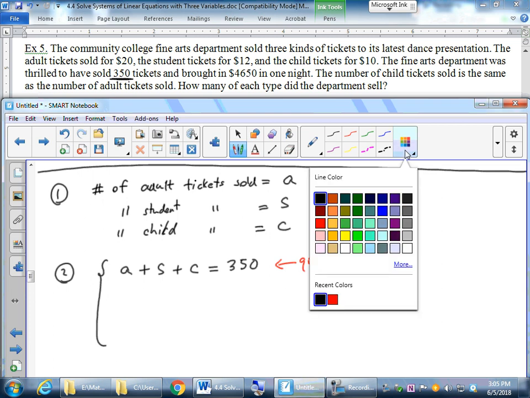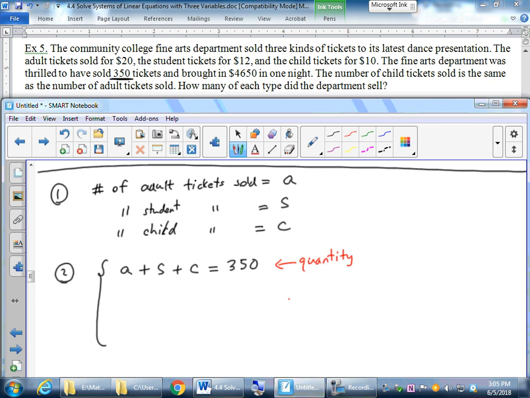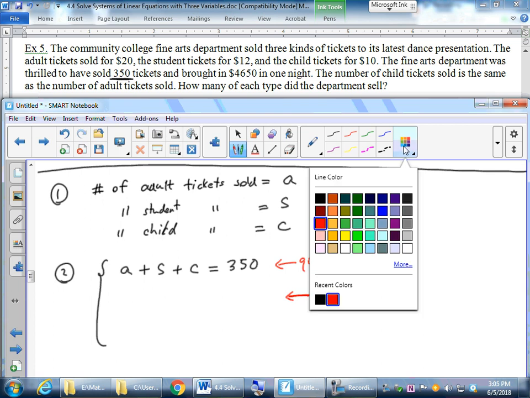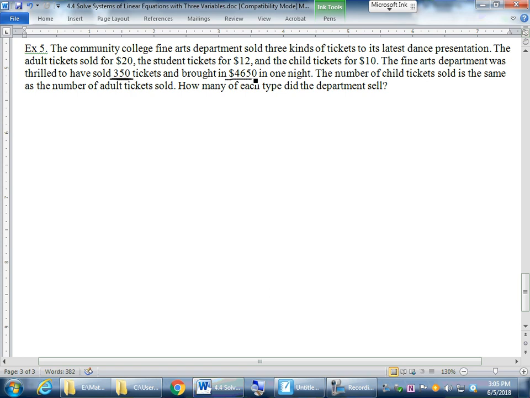The second equation that we can set up is on the dollar amount, because it involves dollar amount, right? So the dollar amount, where do we set it up? The total amount sold is 4,650.